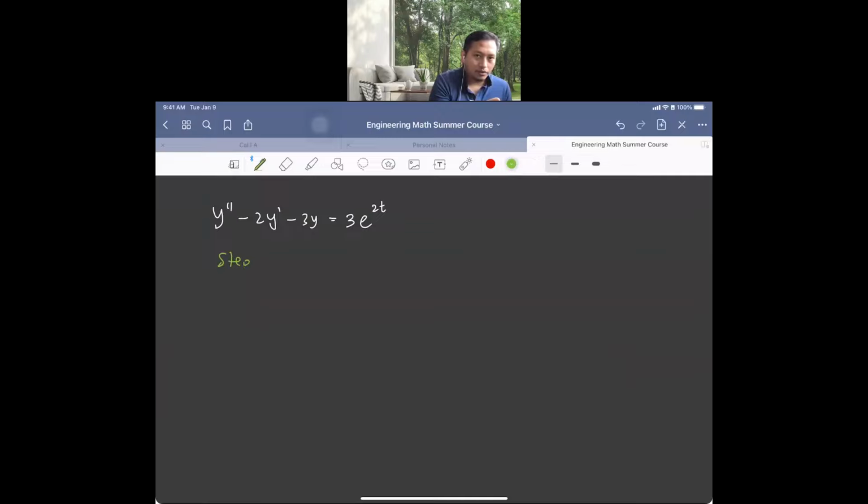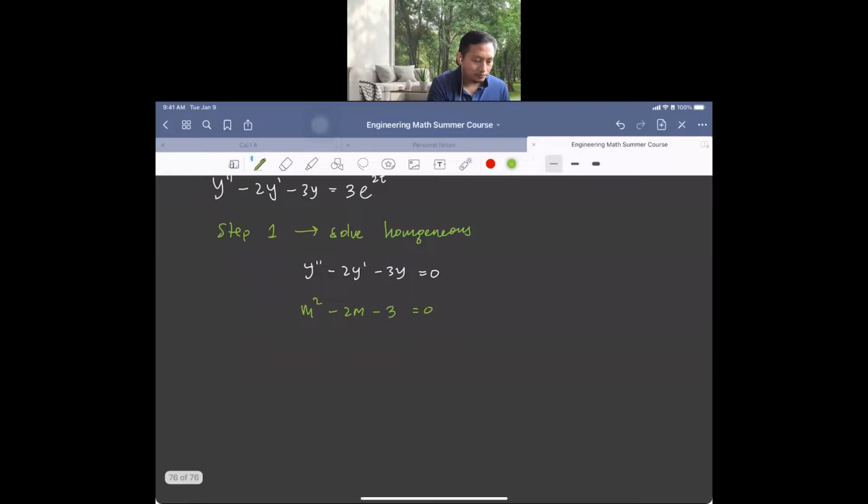Step 1, solve the homogeneous. So we write down the homogeneous one, and we can just take this in our auxiliary equation. We can take this m squared.